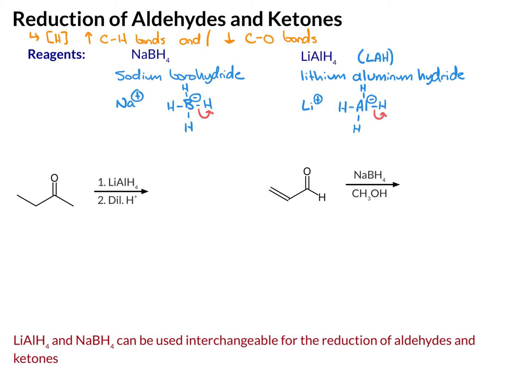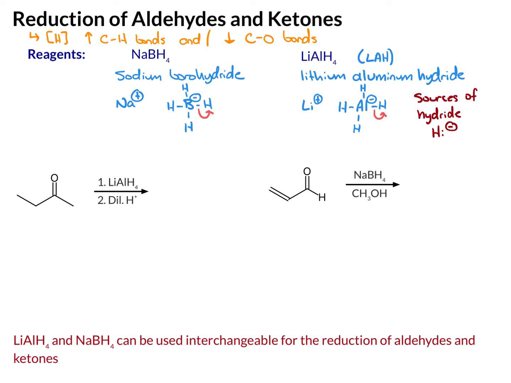So what these effectively are sources of hydride, H-. It's the opposite of a proton where you have H+ and no electrons. A hydride is a hydrogen with 2 electrons.